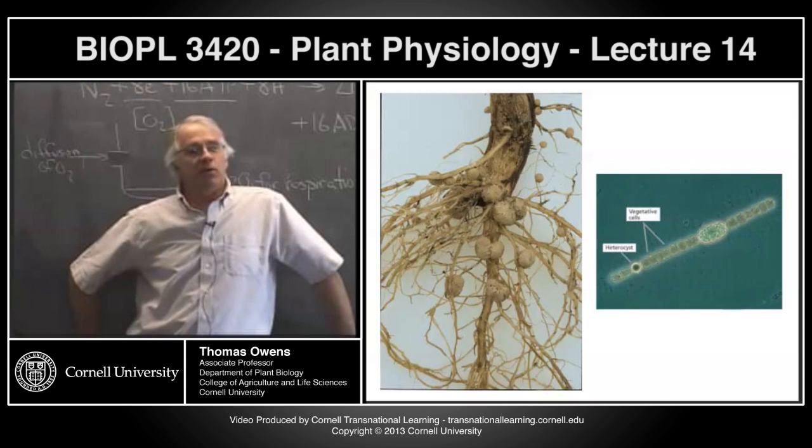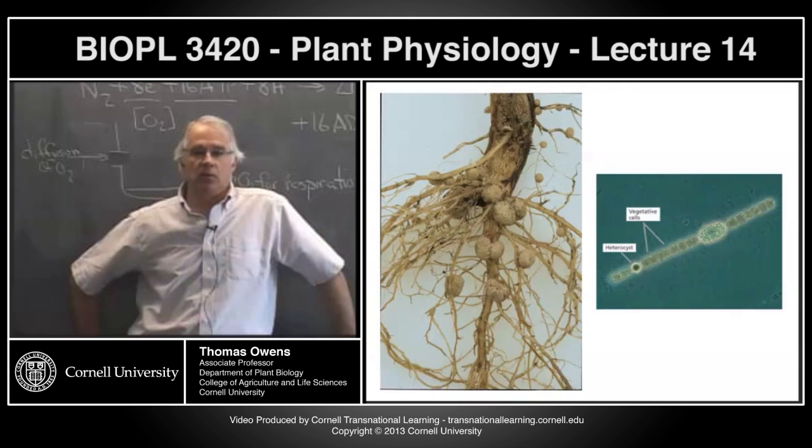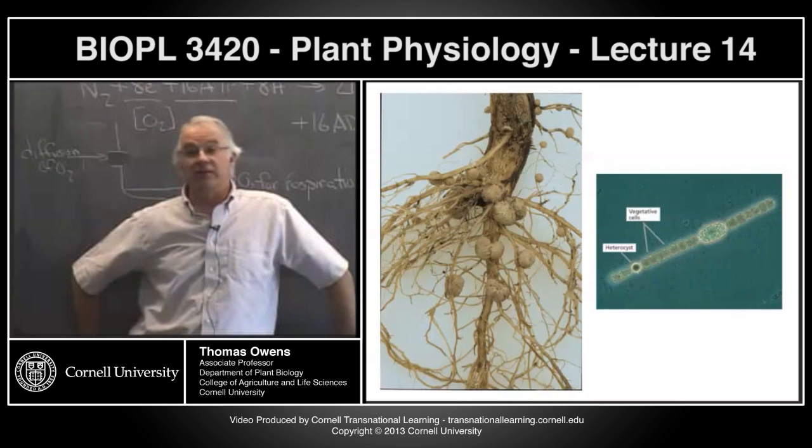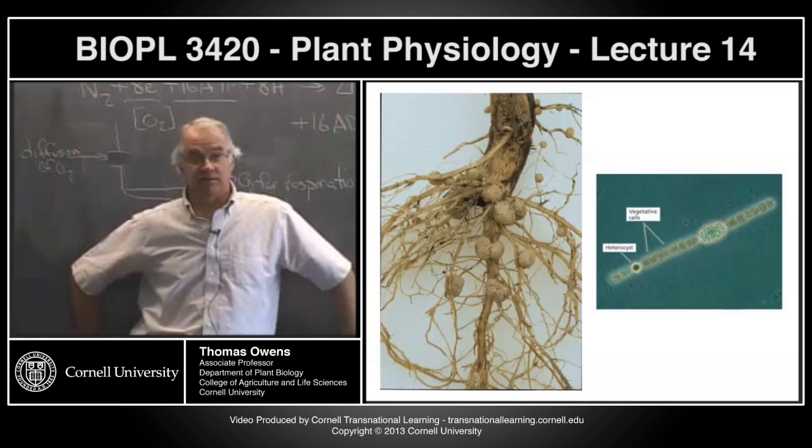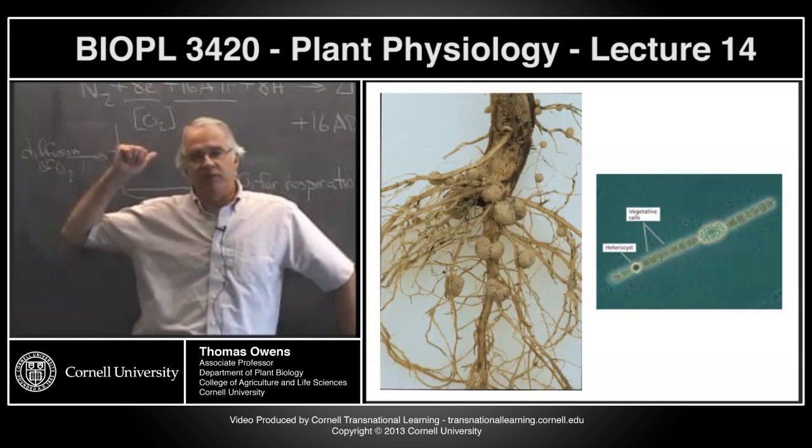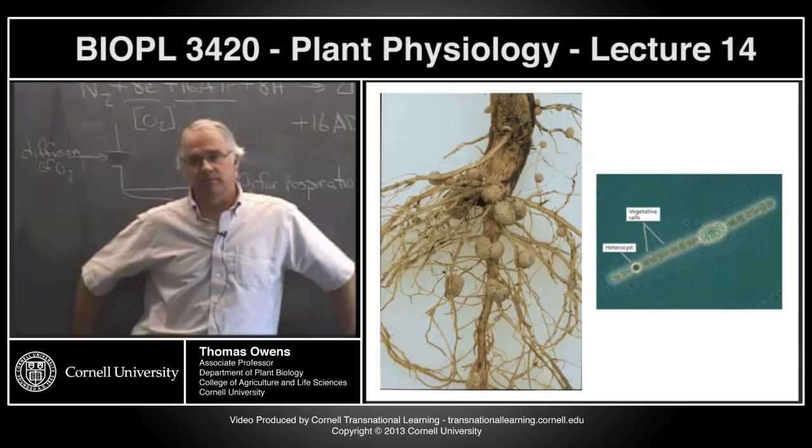But the one thing that you want to keep in mind in this type of symbiosis is the same that we talked about with mycorrhizae. There are lots of bacteria in the soil who would love to get all the carbon they can from the plant without giving the plant anything. We call those bacteria pathogens. So the question is, how does the plant distinguish symbiotic bacteria from pathogenic bacteria?